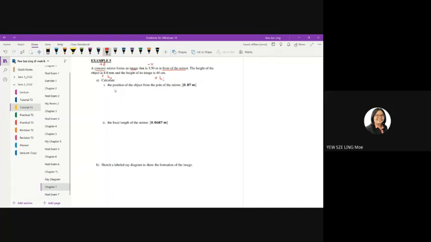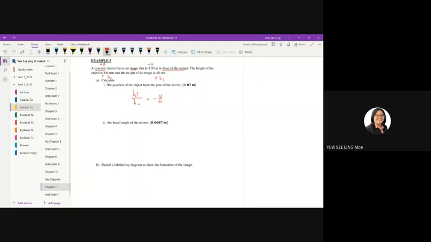Calculate the position of the object from the pole of the mirror. So we want the object distance. We have H, we want to calculate U. Once again, we use HI over HO equals negative V over U. HI is 40 cm.